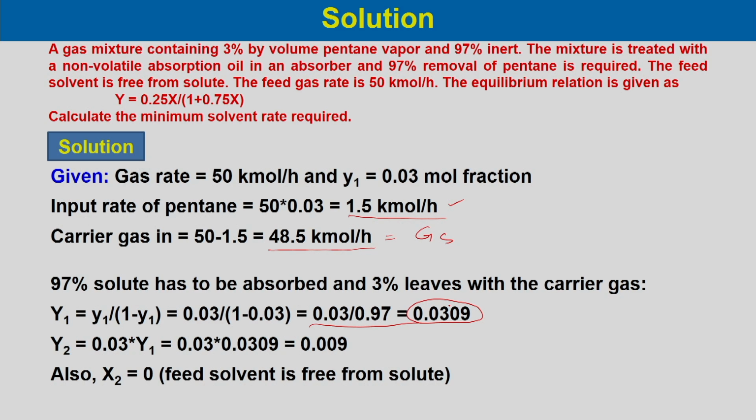So, capital Y1 would be 0.0309 and capital Y2 would be equal to 0.03 into capital Y1, which is 0.03 into 0.309, which is equal to 0.009. So, we can calculate capital Y1 and capital Y2, and the solvent is given as pure solvent which is free of solute. So, capital X2 is 0.